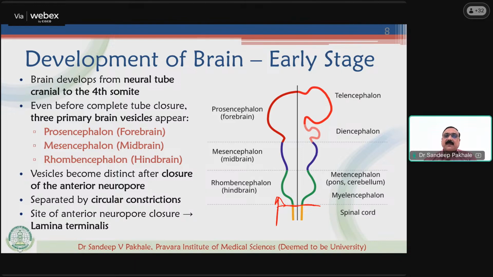We can identify three dilatations, which are the primary brain vesicles, of which the first one is prosencephalon, which is also called the forebrain. The second one is mesencephalon, which later on forms the midbrain. And the third one is the hindbrain or rhombencephalon, which further forms the hindbrain.